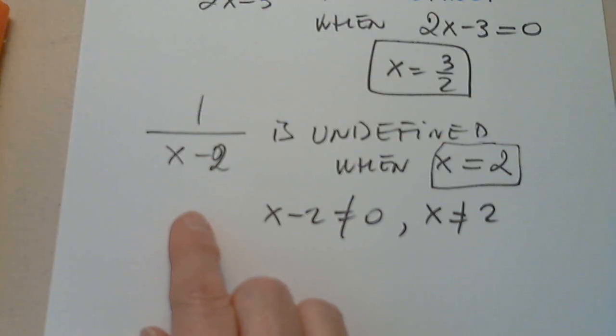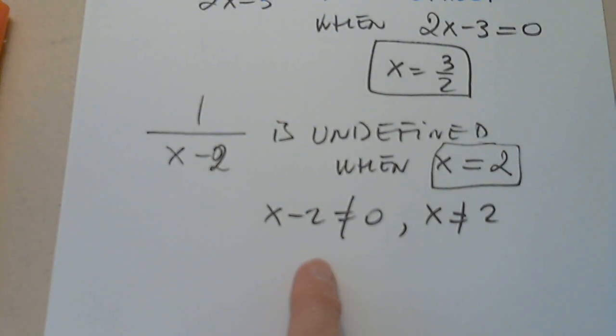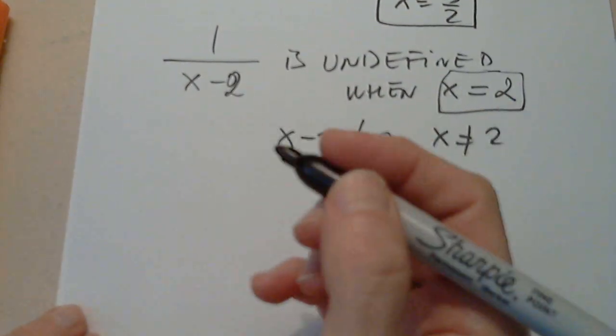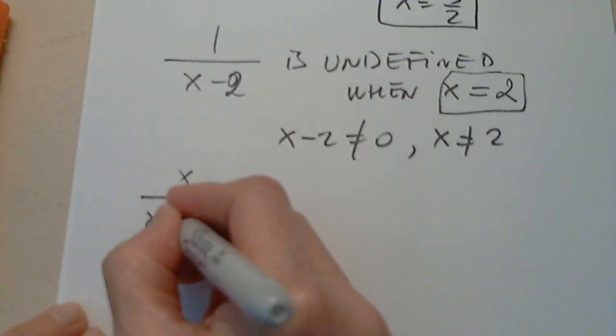If you're asking me what is the restriction that you will write on x, I will say x minus 2 cannot equal 0, x cannot equal 2. Any questions?